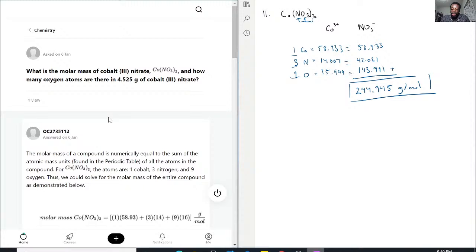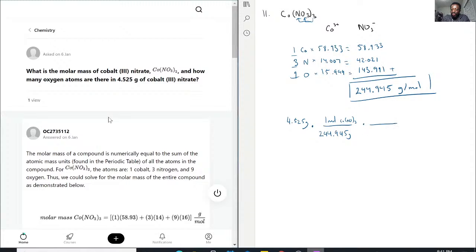So with that being said, we have 4.525 grams. And we want to convert it to moles. So we're going to have to do this. 244.945 grams for every 1 mole of the cobalt NO3.